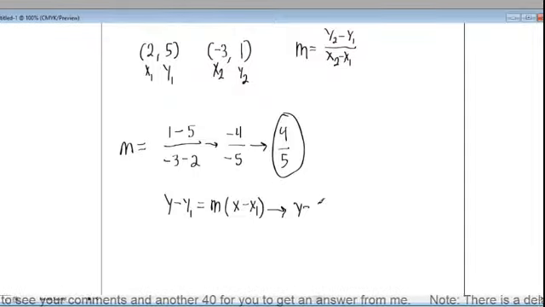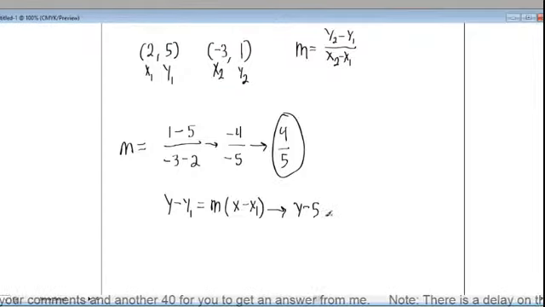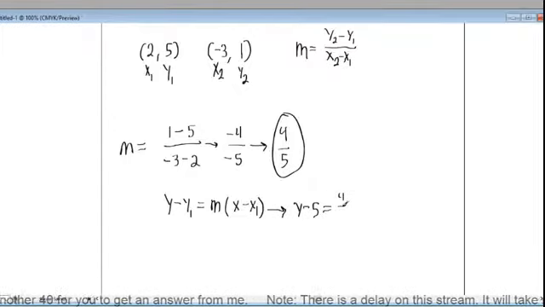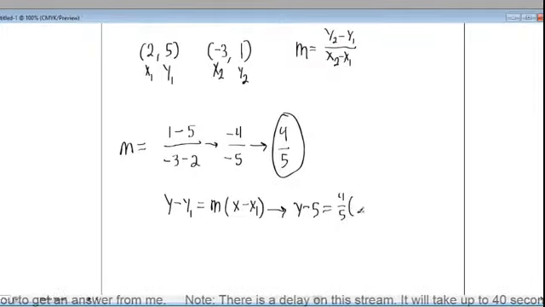And then it's equal to m, which is 4 over 5, times x, again, it's just the generic x, minus x1, which is 2.